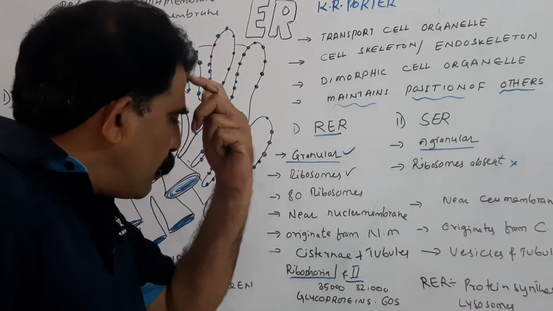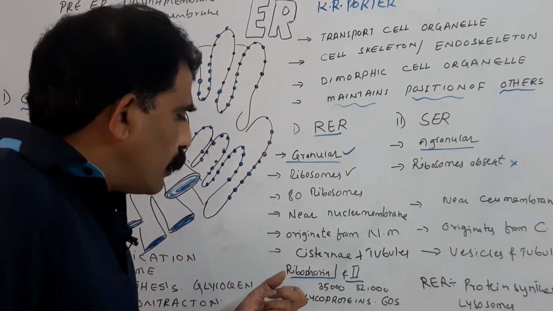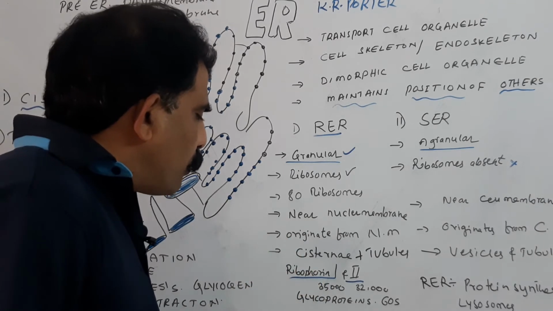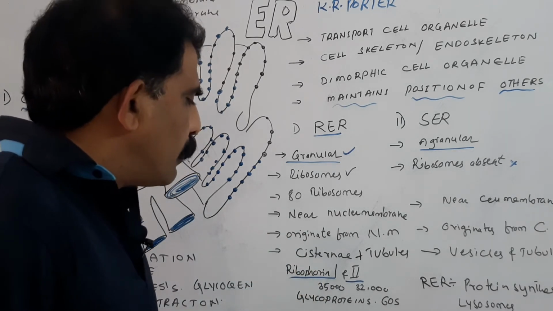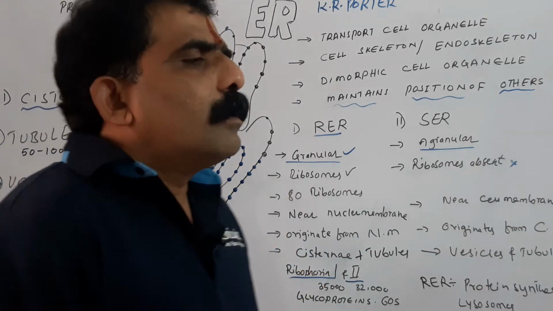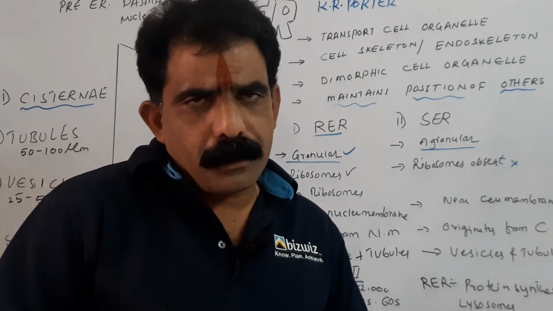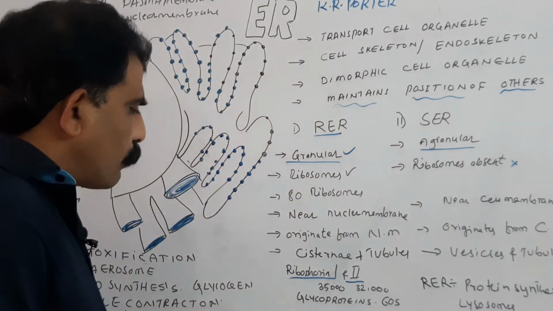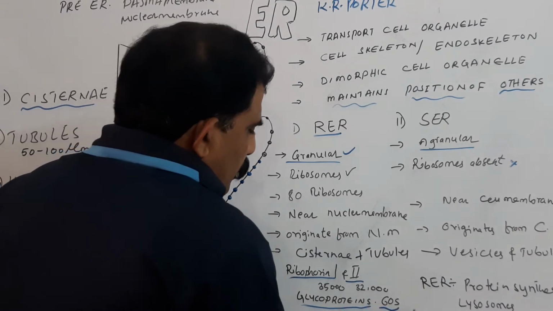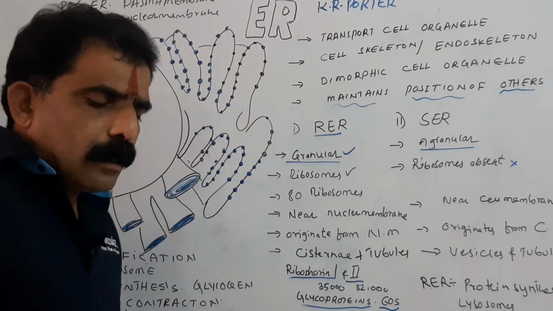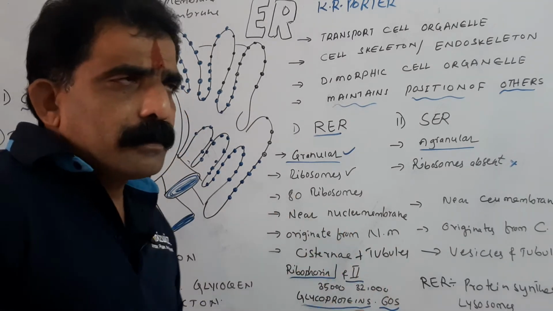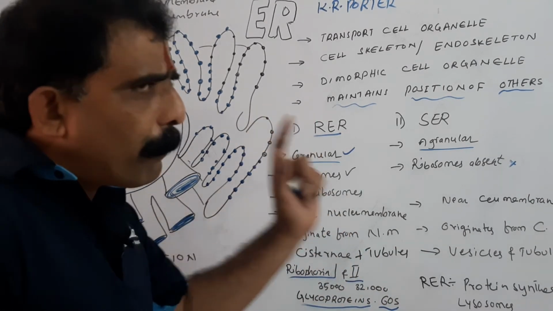Coming to the molecular weight, ribophorin 1, a glycoprotein, is 35,000 Daltons, whereas that of ribophorin 2 is 32,000 Daltons. These glycoproteins are present in the 60S subunits of the ribosomes.